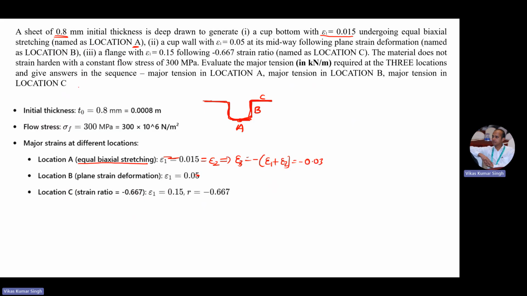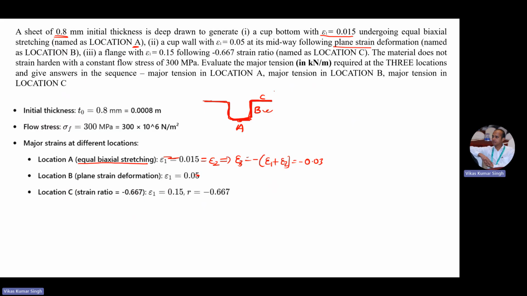Coming to the question, at location B, a cup wall with a strain of 0.05. So at this location, a strain is 0.05. At the midway, following the plane strain, here it is telling plane strain. At location A, it is said that we have biaxial stretching, here we have a plane strain, and at the third location they are telling a strain ratio is given.